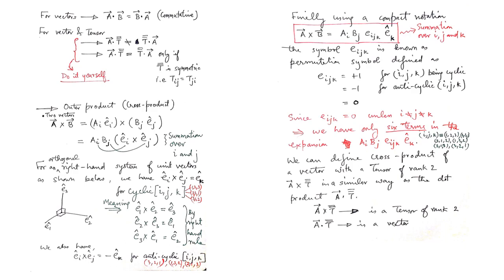So it's a self-verification exercise. That's why I've written do it yourself. In general, it is not commutative. However, A dot T is equal to T dot A only if the second rank tensor is symmetric. What is a symmetric tensor?